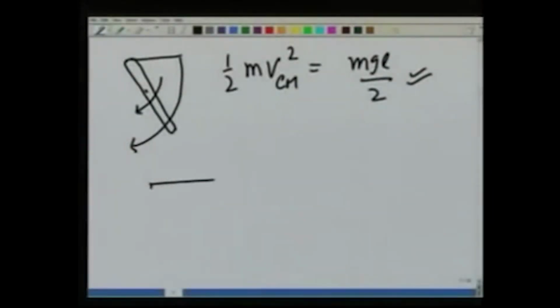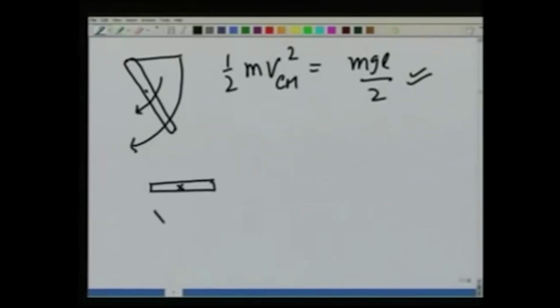What is wrong here is that you have to be careful when there are extended bodies involved, when velocities are distributed over the body, when forces are distributed over the body. For example, here if I start with this position, here is the center of mass.